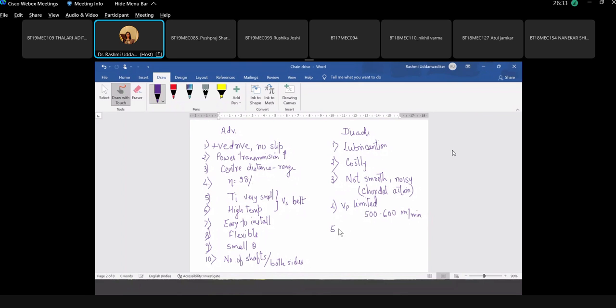So what happens if Vp increases other than noise? Why is there a limitation to peripheral velocity? Yes. Saurabh?